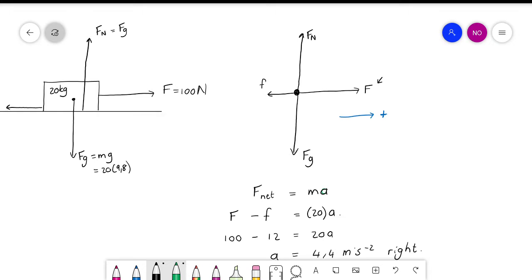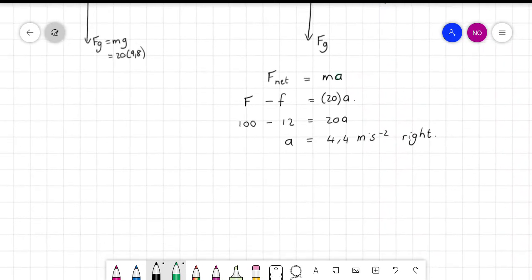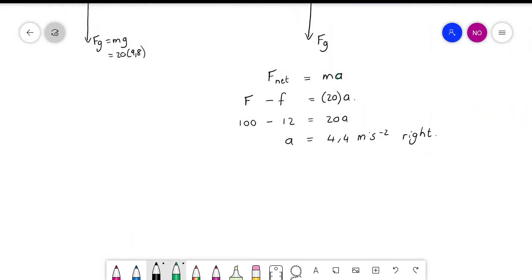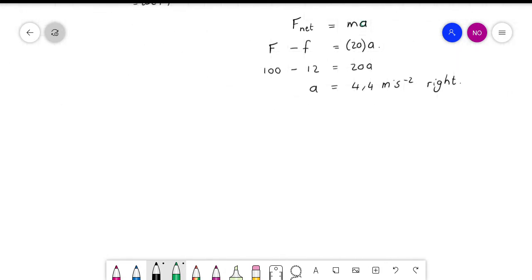Okay, dan sê hulle vir jou bereken die afstand wat dit in 10 sekondes sal aflê. What? How is it even possible? This box starts with an original velocity of 0. Okay?